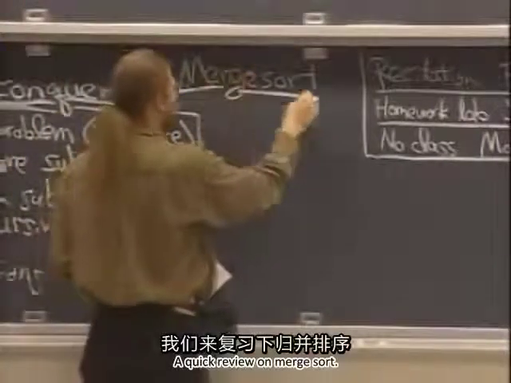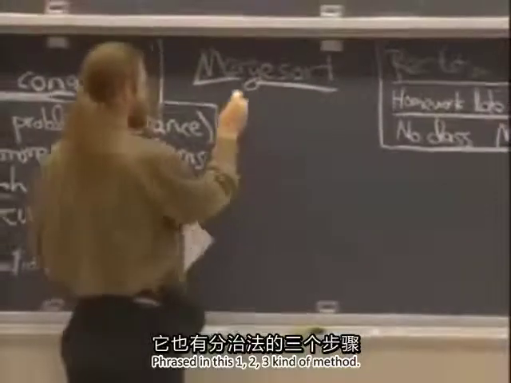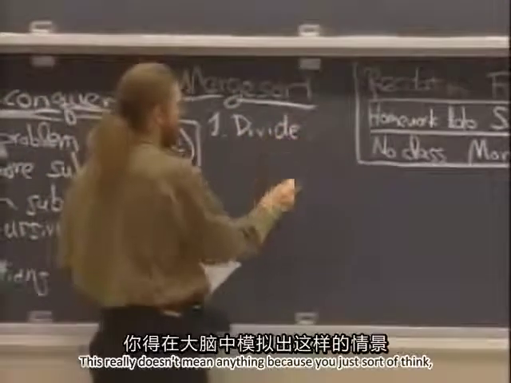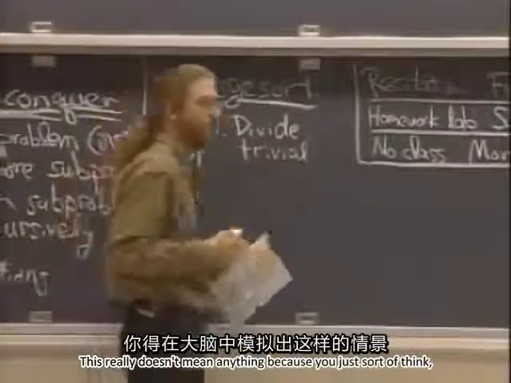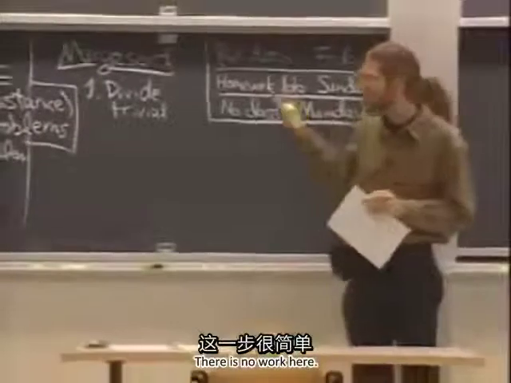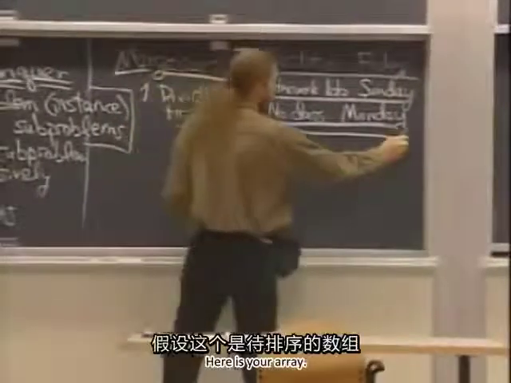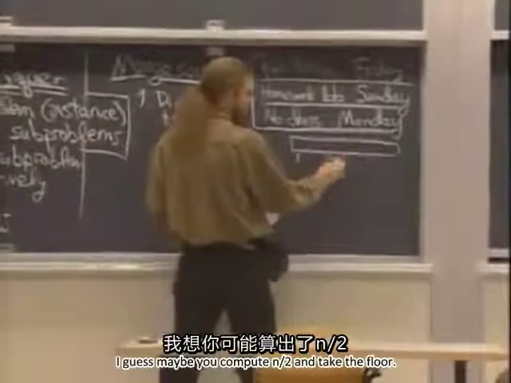So quick review on merge sort, phrased in this 1, 2, 3 kind of method. The first step was to divide your array into 2 halves. This really doesn't mean anything because you just sort of think, oh, I'll pretend my array is divided into 2 halves. There's no work here. This is 0 time. You just look at your array. I guess maybe you compute n over 2 and take the floor.